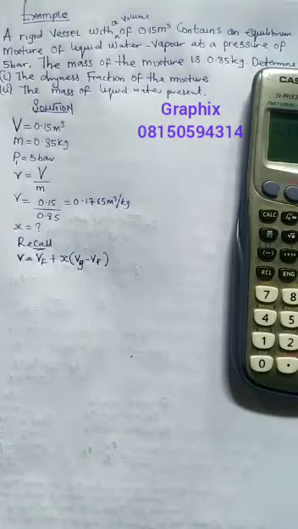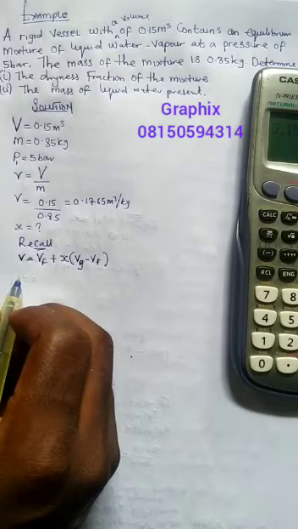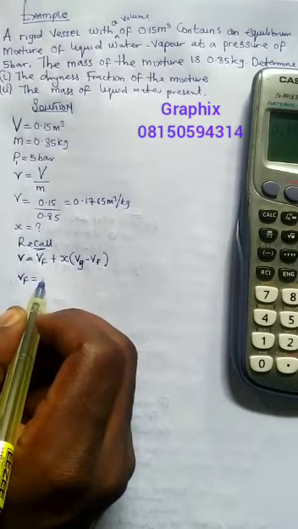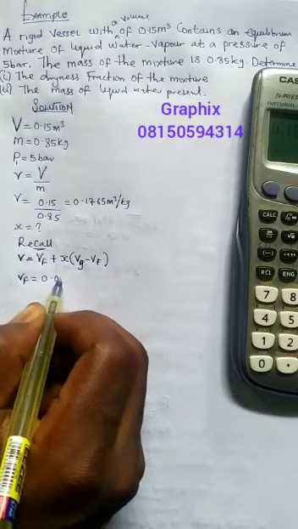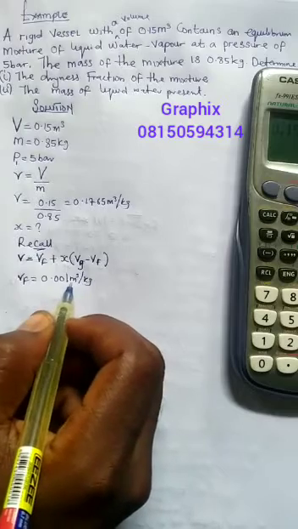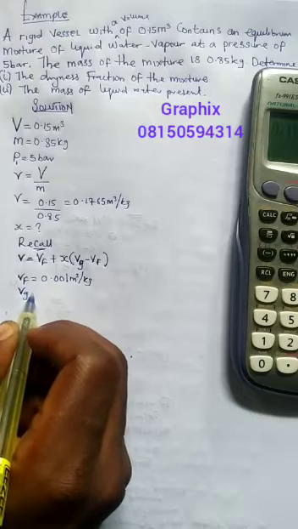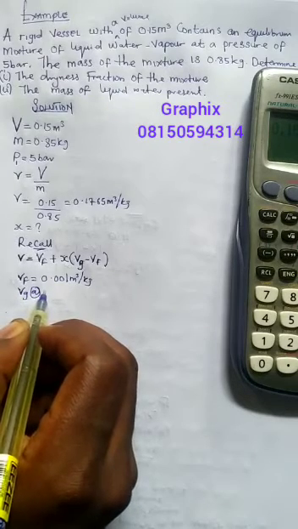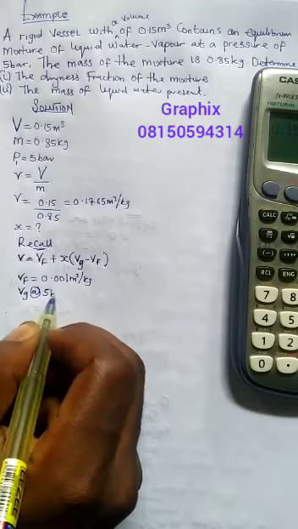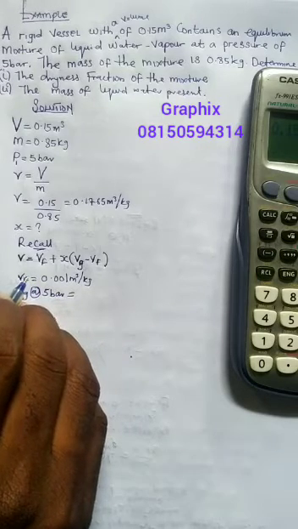Are we good? So we need to know that my vf is equal to 0.001 meter cube per kilogram, right? So what is my vg? My vg at 5 bar, you check your steam table.